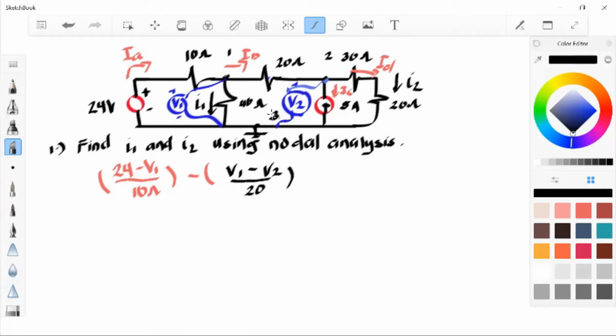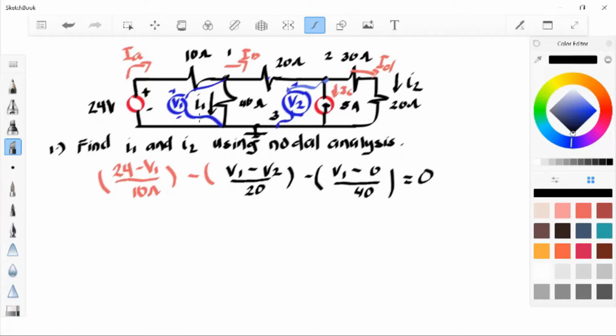And again, I1 is leaving the node 1, so that is again negative. V1 minus 0 volts right here, because this is ground, over 40 ohms, which is equal to 0.